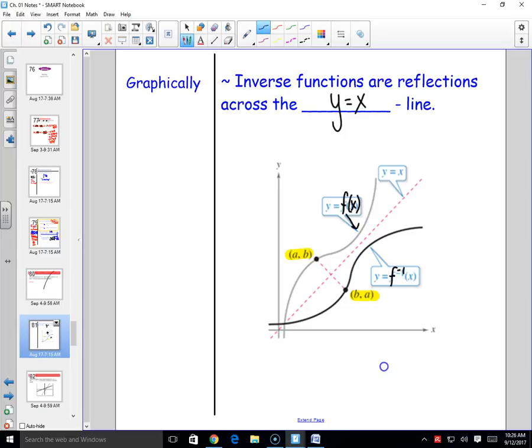This is my f inverse of x function, and this is my y equals x line. Because your x's and y's flip, because your domains and ranges flip, you have a reflection across the y equals x line, and maybe in some of your minds that kind of makes sense. Reflection, you're flipping, so when you're flipping points, you're flipping the y and x values.